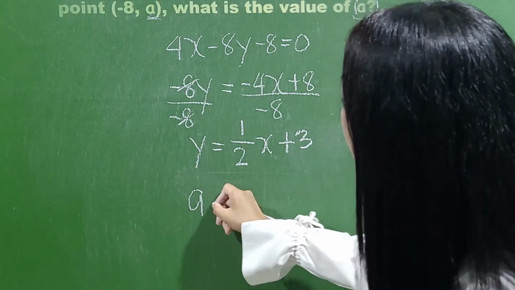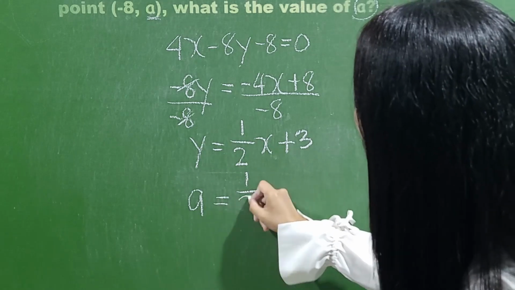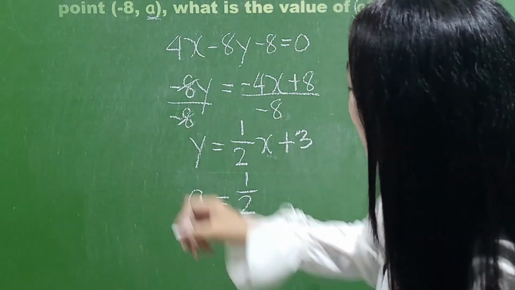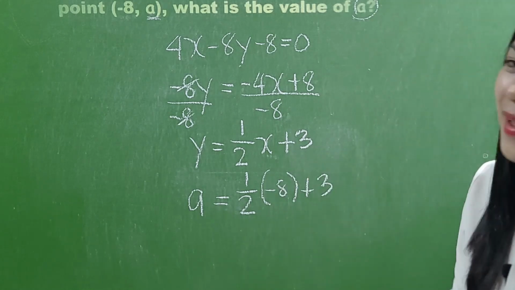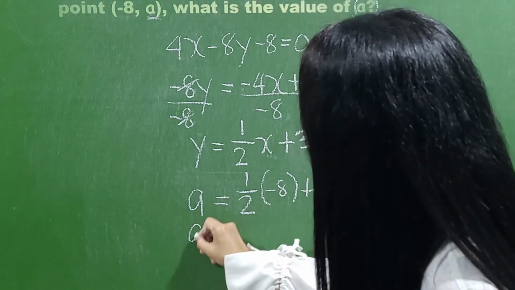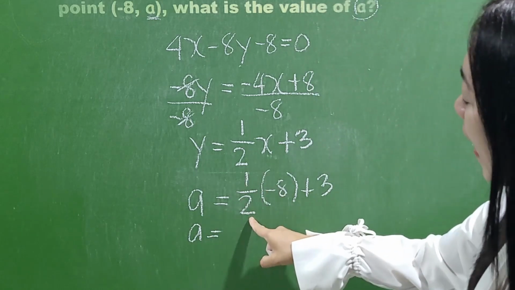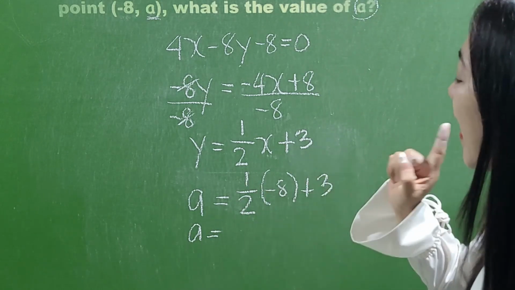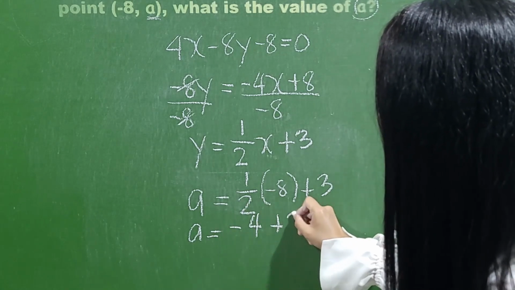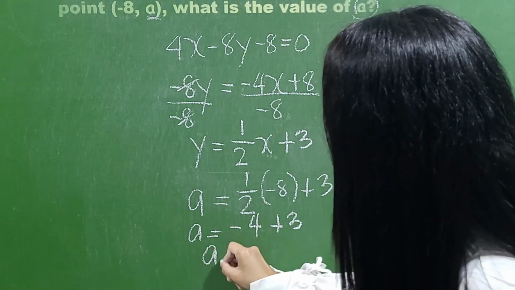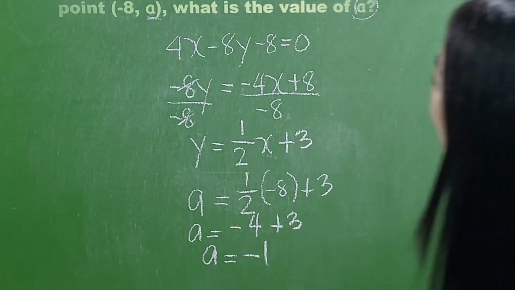So a is equal to 1 half times negative 8, plus 3. If we simplify, 1 half times negative 8 is negative 4. So negative 4 plus 3, then a is negative 1.